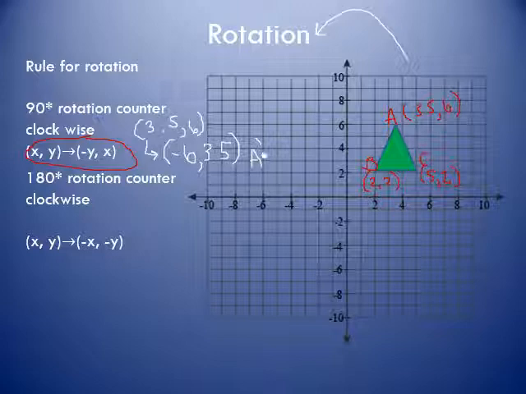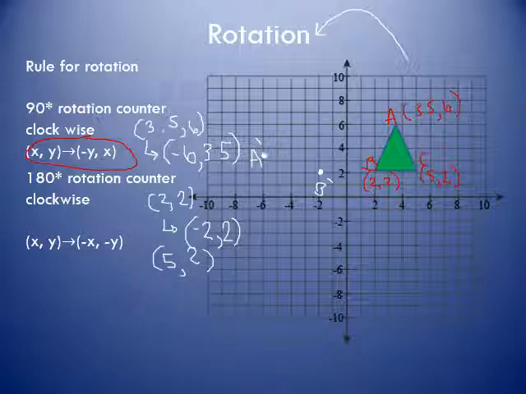And then your B was originally at 2, 2. So again, your Y value comes forward to be your X value, negative. And then your X value gets switched to your Y value. So B prime will be at -2, 2. So B prime's right here. And C was at 5, 2.